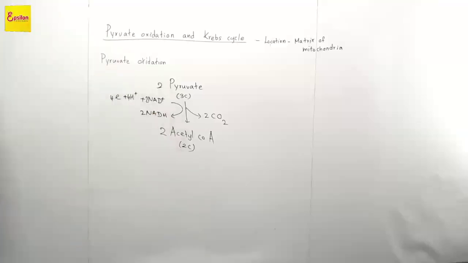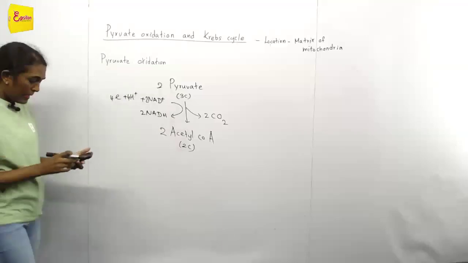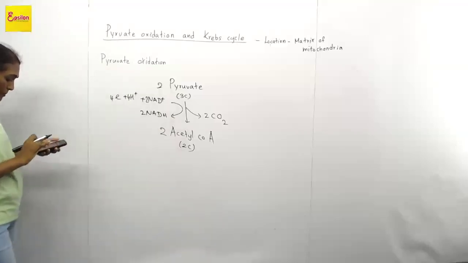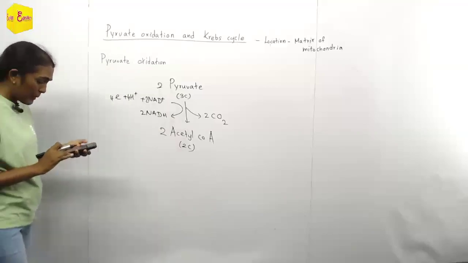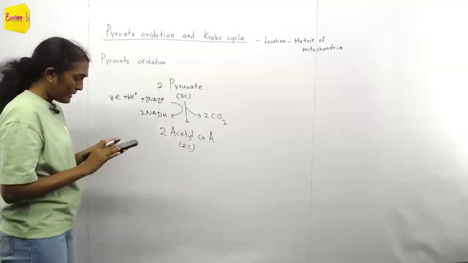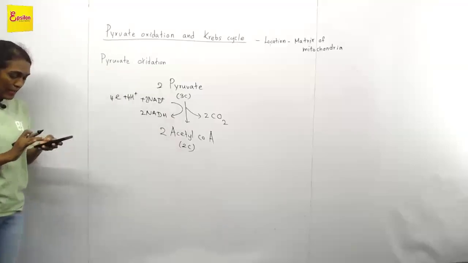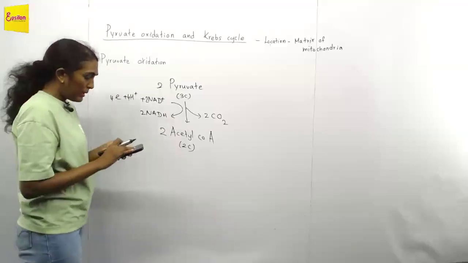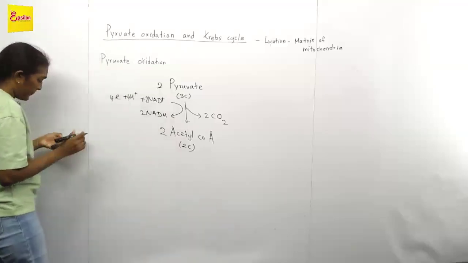Understood? This can be written as an equation also. Initially the pyruvate is converted to an acetyl group by releasing carbon dioxide. Then the acetyl group combines with coenzyme A to produce acetyl coenzyme A.